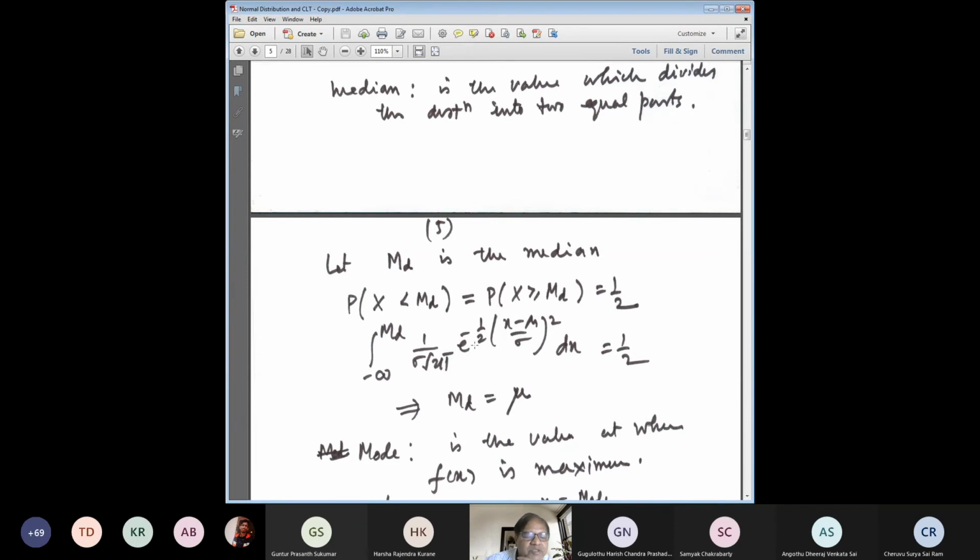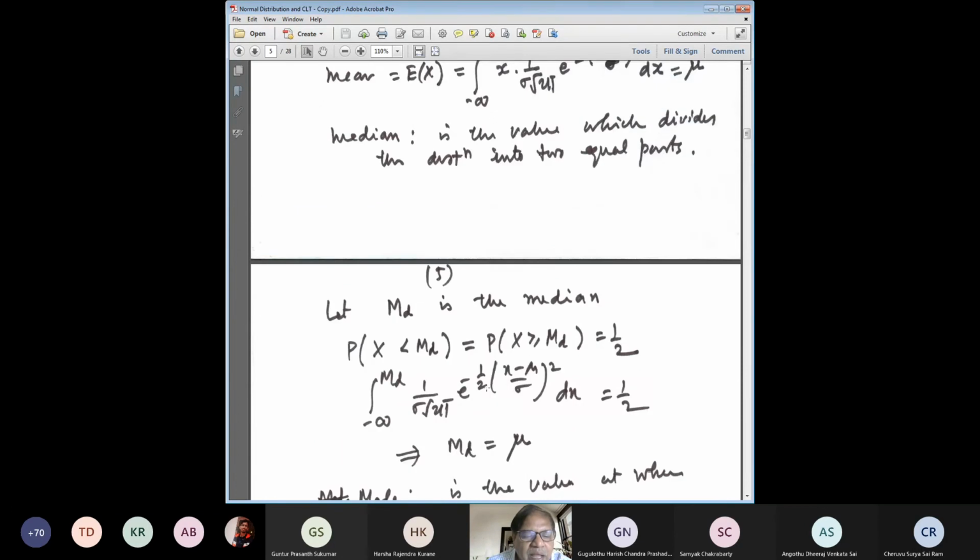Instead of solving this way, I will show you that there is an easier way of getting the value of the median. Any percentile or quantile you can derive. There is a general rule: in place of MD, you can put any x star, probability x less than x star, and on this side you put a p value, where p lies between 0 and 1.